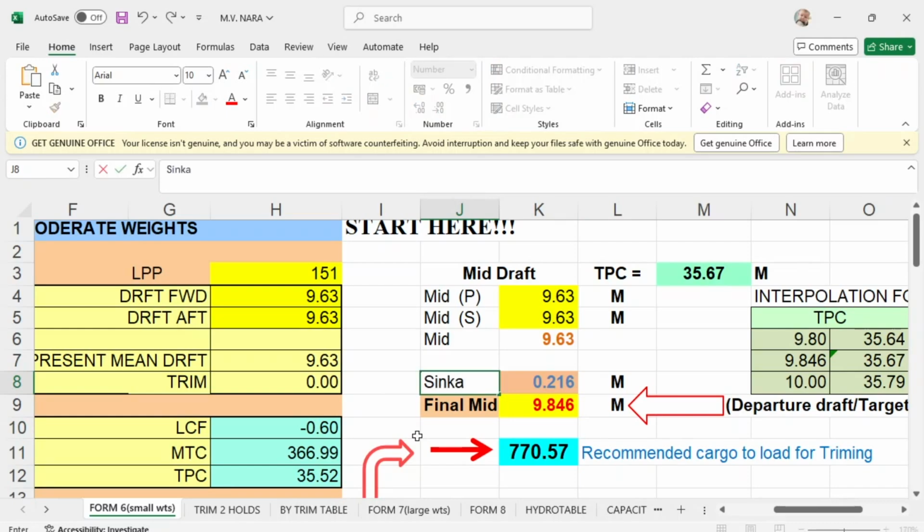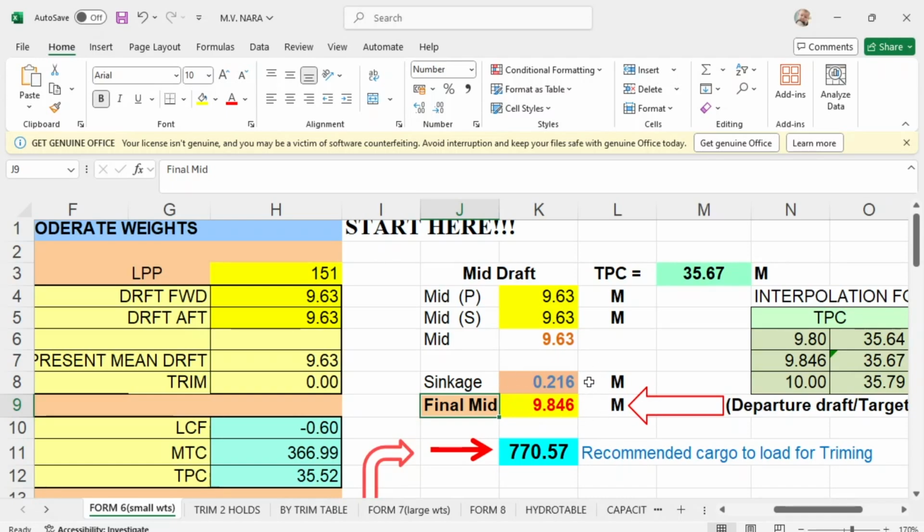For example, sinkage. Your sinkage should be 21 centimeters or 0.216 meters. So meaning, from your midship, how many centimeters will it take to reach 9.846? So meaning you have to load more cargo so that from 9.63 you will reach the departure draft of 9.846.